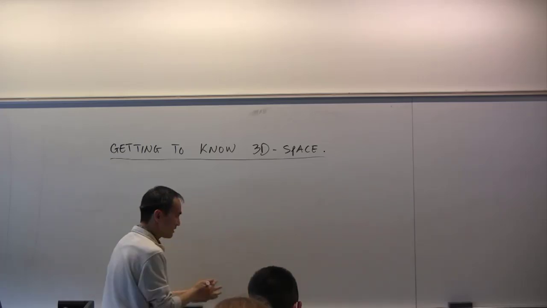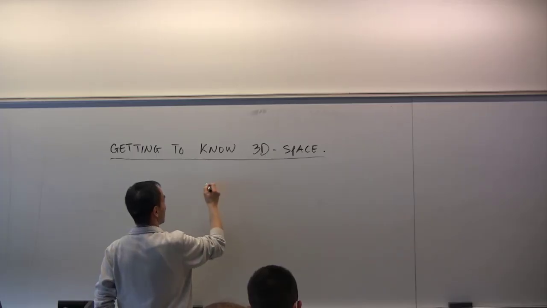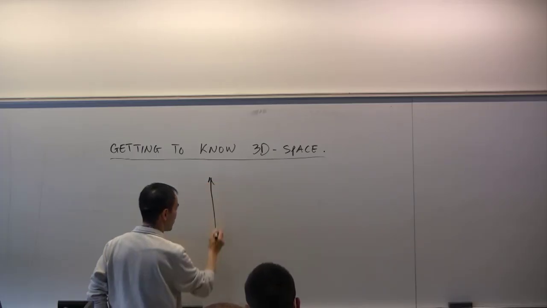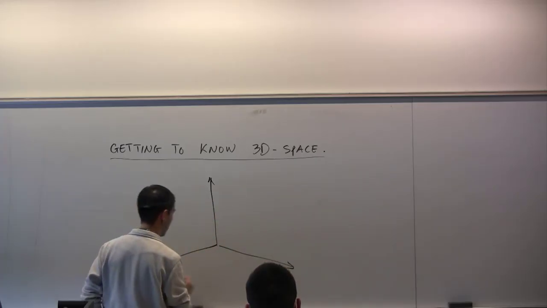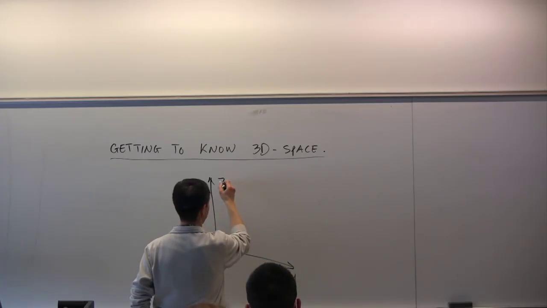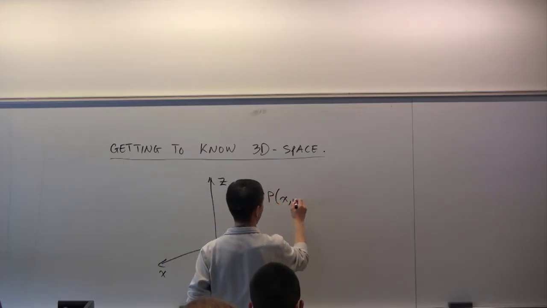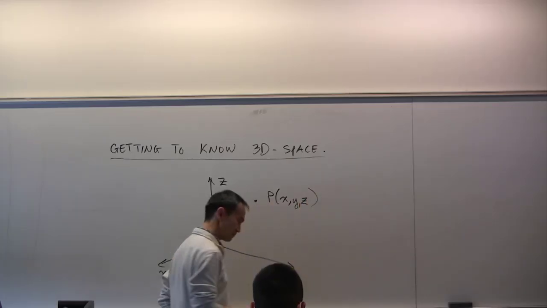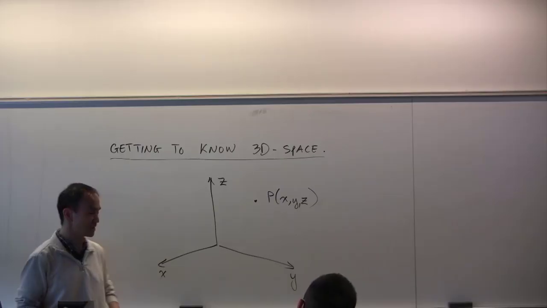And so I kind of used that word earlier. So think about the 3D space from here, x, y, z. If we pick a point, right? That point P right here with coordinates x, y, and z, whatever that is. So now I'm talking specifically about the projection, okay?